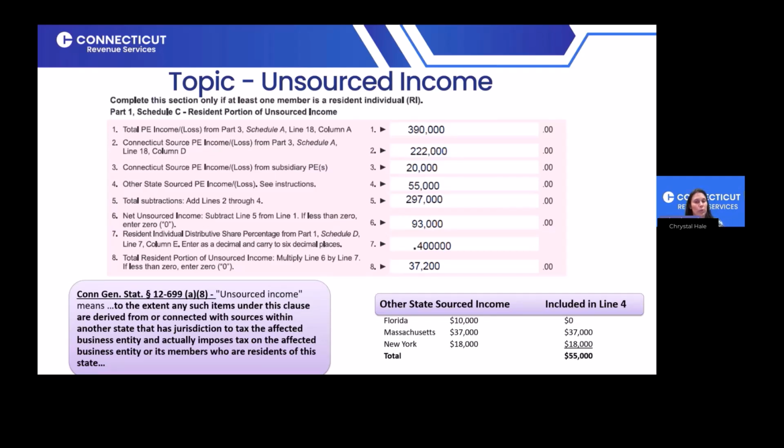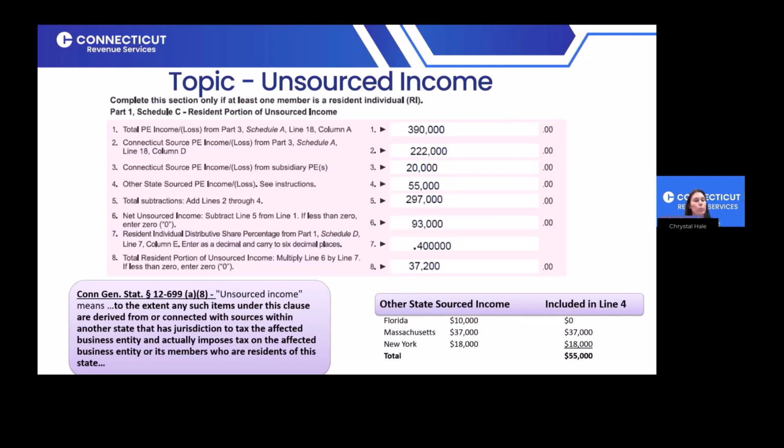Now I'll go through lines 1 through 4, explain where everything comes from, and then talk about line 4 a little bit further. So first, we're going to take all of our PE income. That comes from Part 3, Schedule A. That is the total Schedule K income that we had. In this example, it was $390,000.